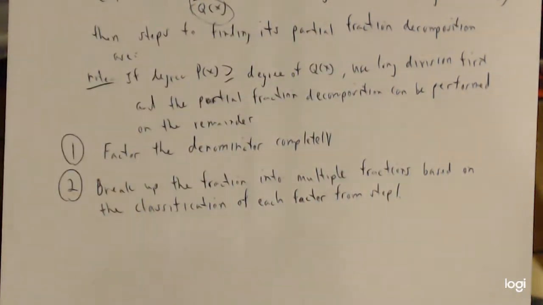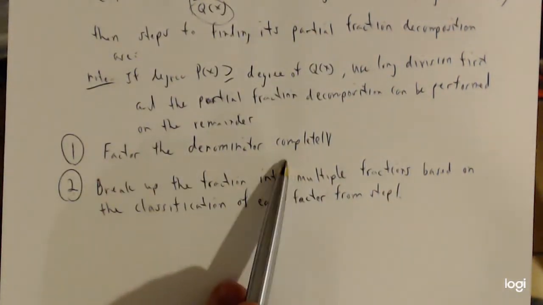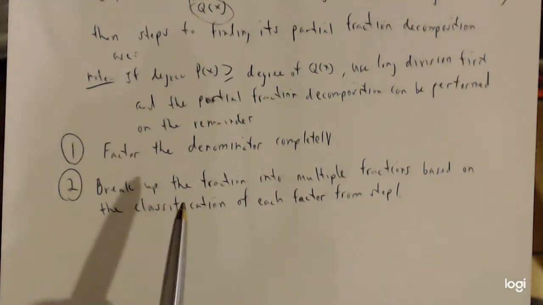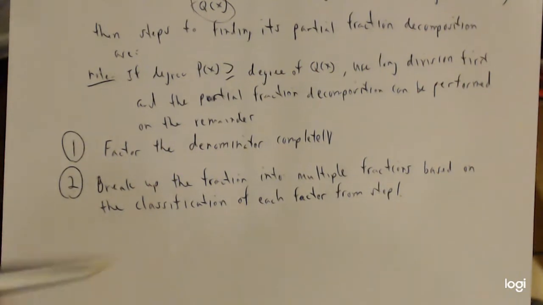So what's going to happen is whenever you factor the denominator completely, each factor is going to have its own classification. Okay, so now what are these classifications? Well, let's get into the classifications.